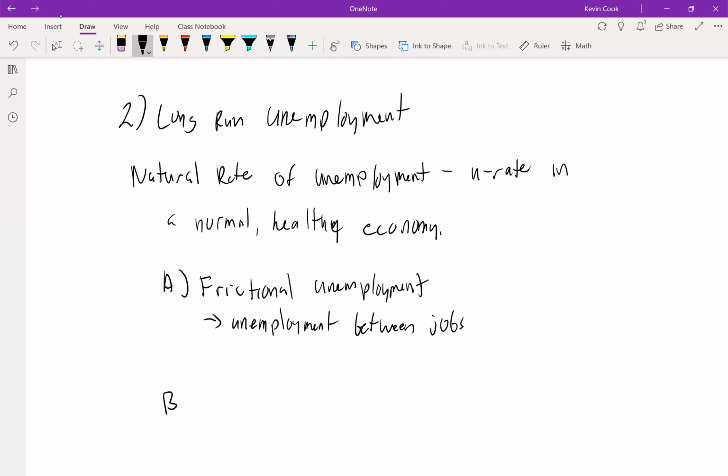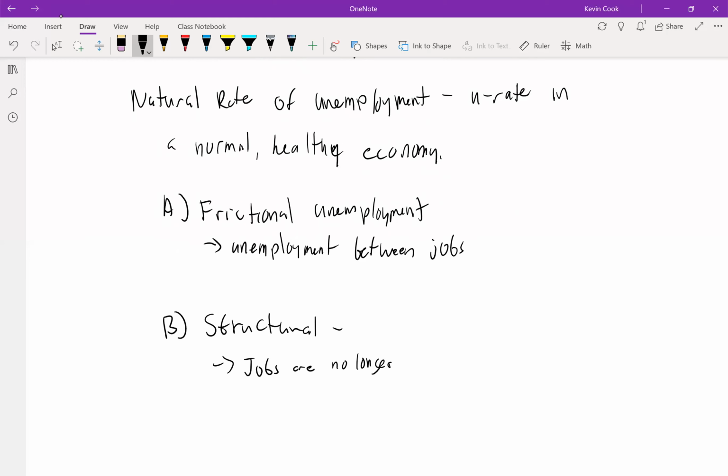Then the second type that we saw was called structural. With structural, what we basically said was that jobs are no longer available for a worker.